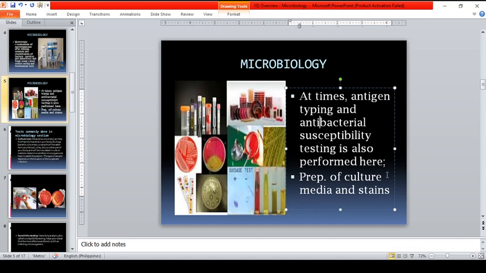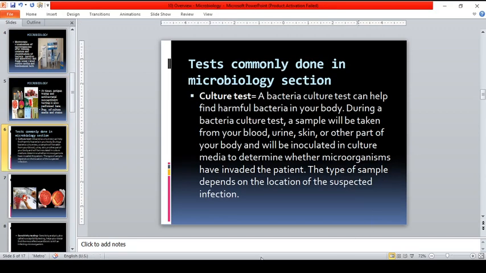Okay, so preparation of culture media. These are routine activities, while we do not prepare stains, instead we just purchase them. Culture media can also be purchased, but of course, if you want to lessen the expenses in your laboratory, you may prepare them yourself. Okay?